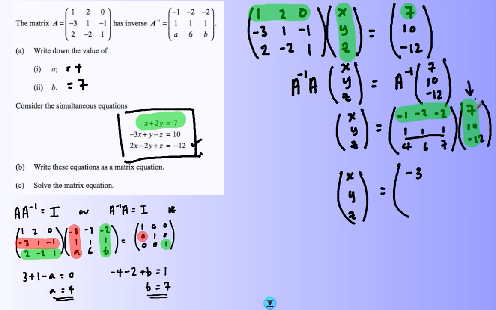Second row onto column. 7 add 10 minus 12, 5, and finally third row onto column. So 28 plus 60 minus 84. That gives me 4, I believe. And you can check that for yourself, but there we go. I think what we've got is our answer, which is x is 3, y is 5, and z equals minus 4.